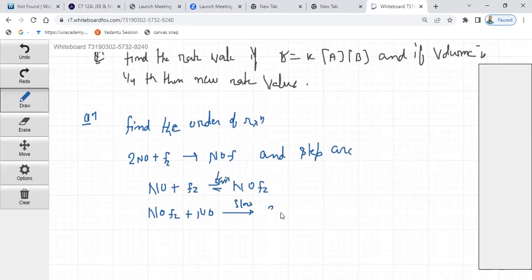Find the order of this reaction. This reaction takes place in 2 steps, so it is a non-elementary chemical reaction. We have to find the order of the chemical reaction. Please try once. I am giving 3 minutes. This is an IIT-JEE advanced question.